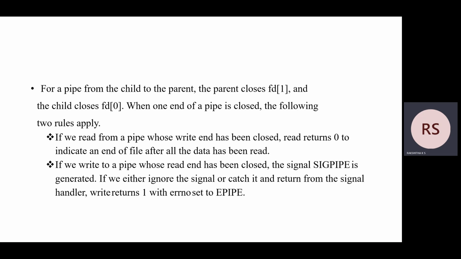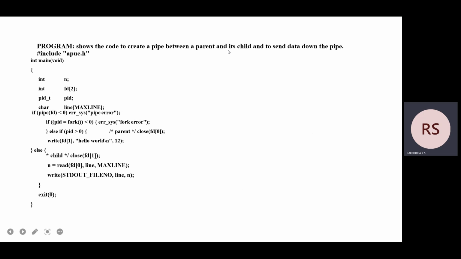This is the important code to create a pipe between the parent and the child and send data down the pipe. fd[2] holds file descriptors 0 and 1, and the line is limited to a maximum length.